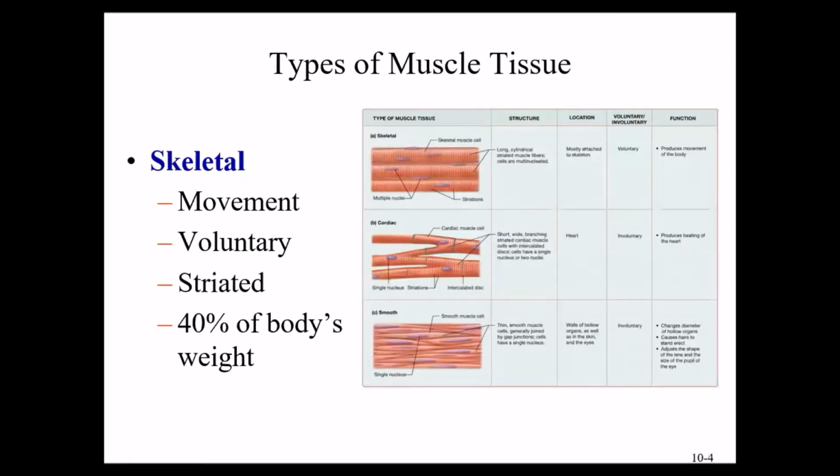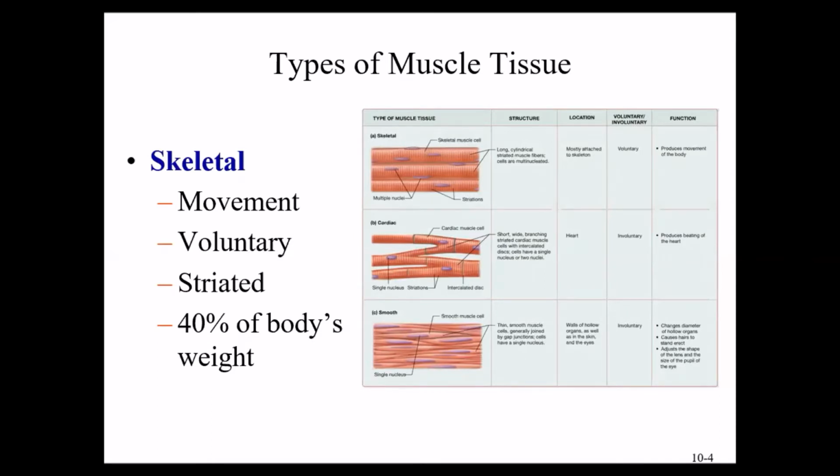And so let's review some of the main distinctions of the 3 types of muscle tissue and cells. Skeletal, that's the main one that we're going to be looking at for a lot of this chapter. It's there for movement of the body because it connects to the bones, and so movement is one of its primary functions.